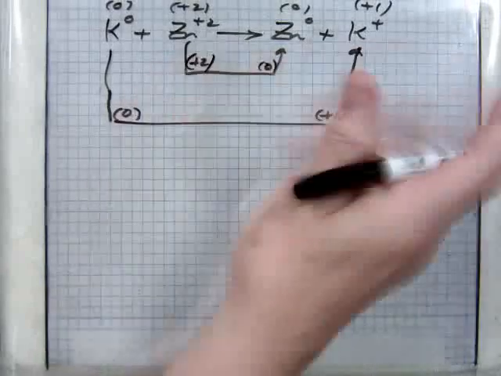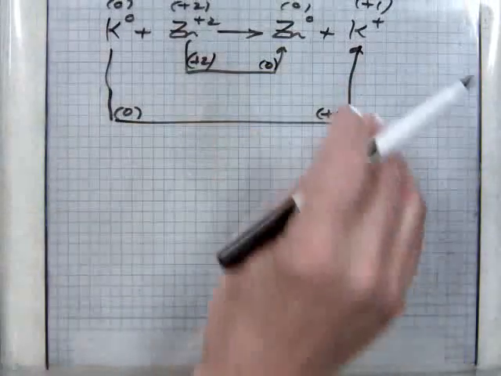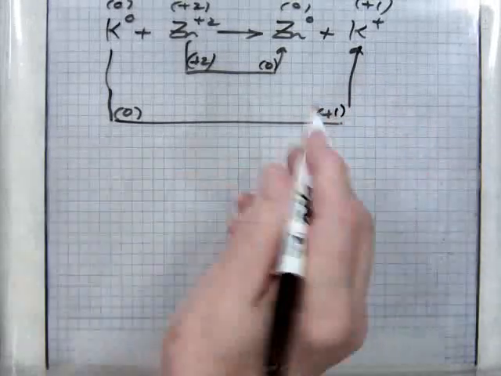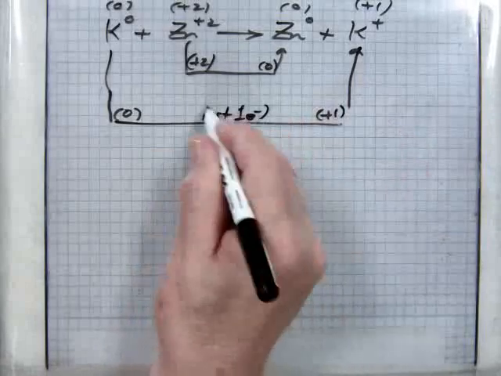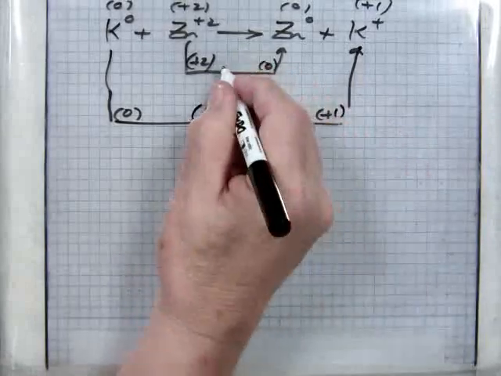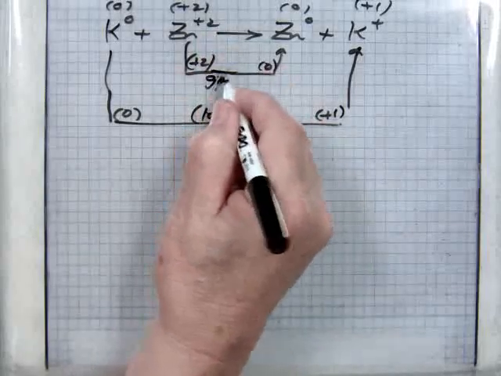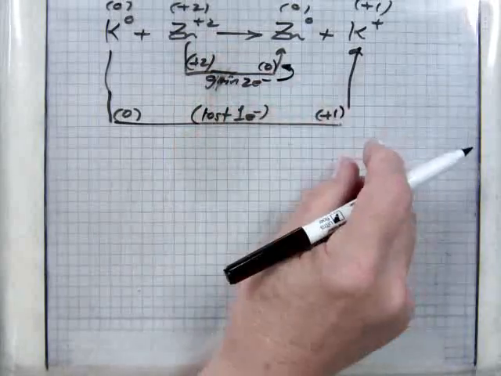Well, we don't have any subscripts to deal with, so it should be easier. So 0 to plus 1 is lost 1 electron, and this one gained, I'll put it under here, 2 electrons on this one, right here.